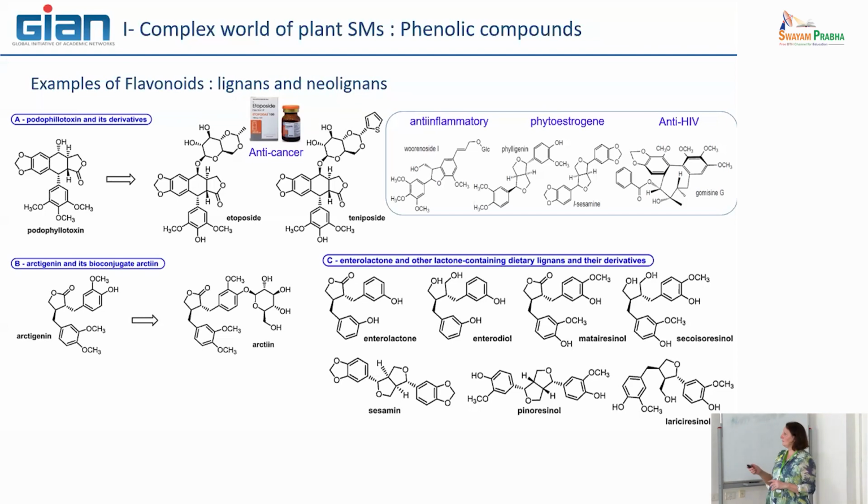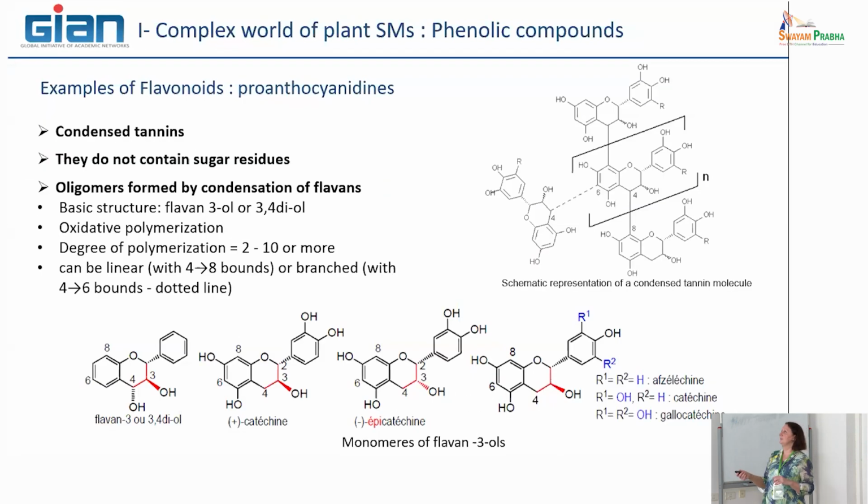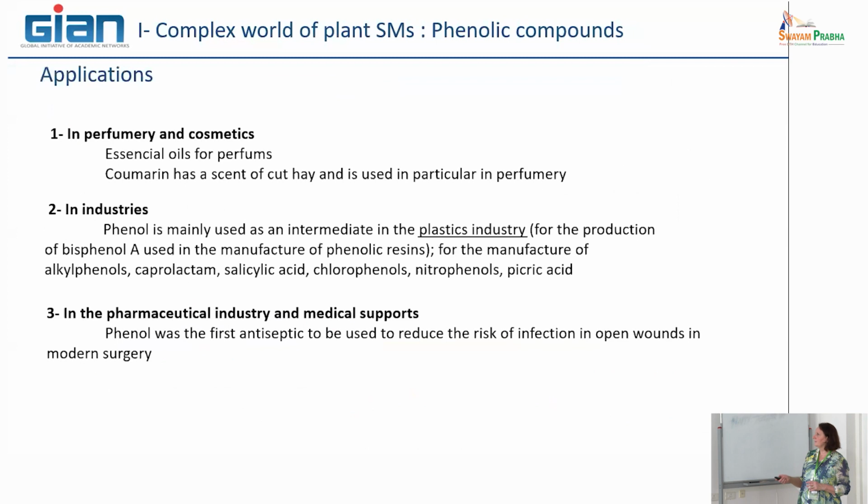Okay, this is another one. This is just to see that, in particular, proanthocyanidins are produced by a very high level of isomerization that leads to very complex molecules, in the case, for example, of tannins. Okay, I stop with my examples, just the applications in perfumery, in cosmetics, in industries, in particular phenols.